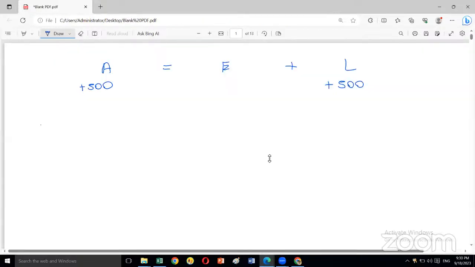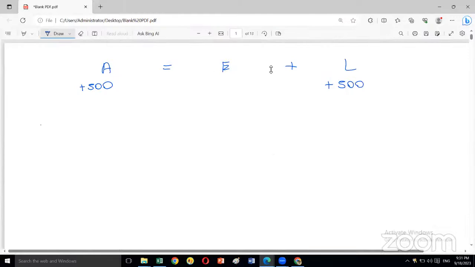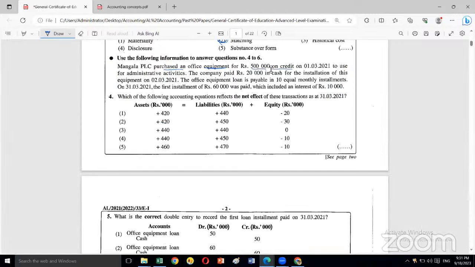See this: a credit purchase increases the liability by 500,000. At the same time, I am purchasing equipment, so the equipment asset increases by 500,000, to be used for administrative activities.